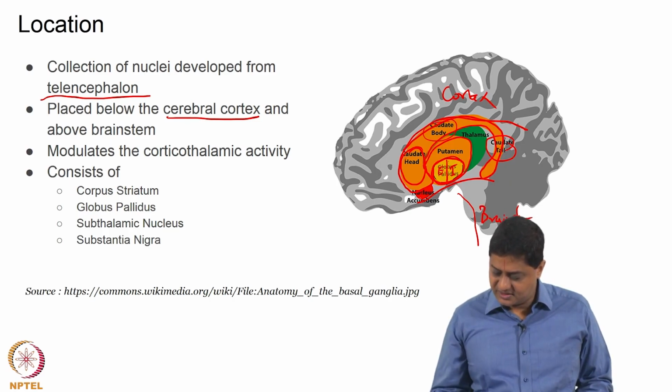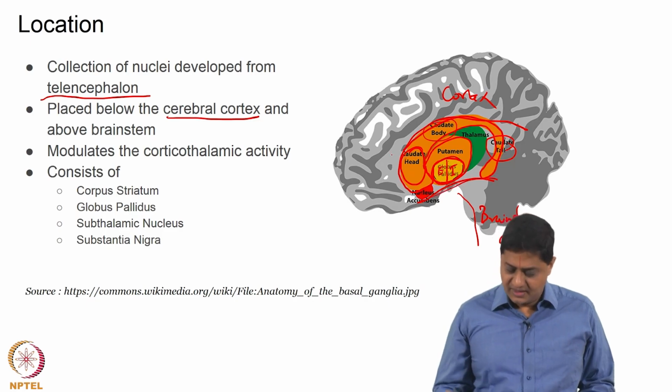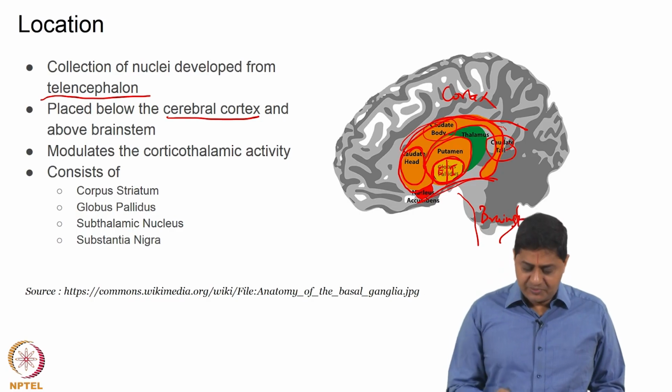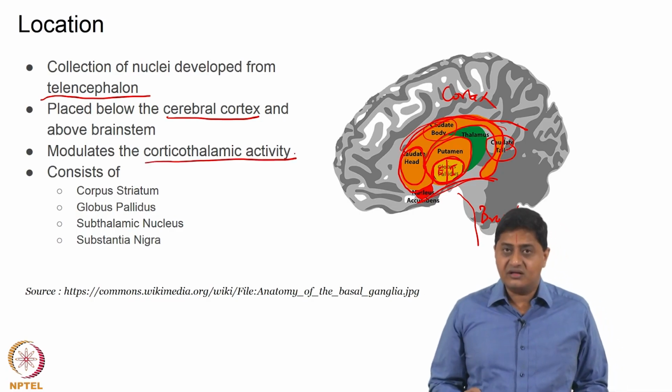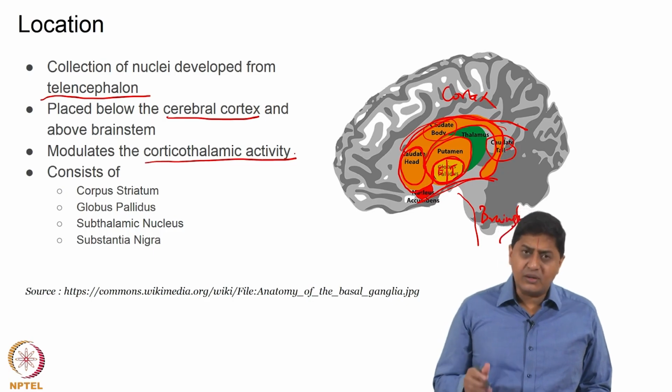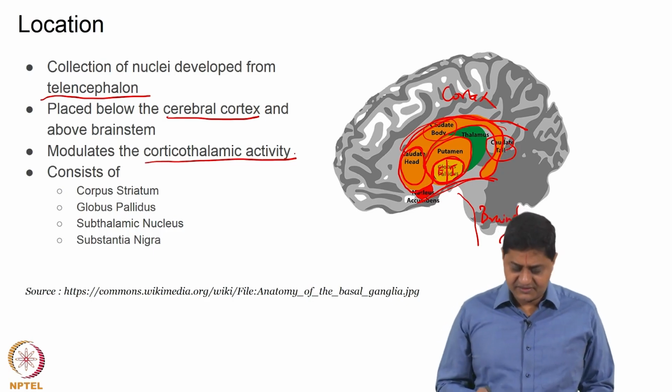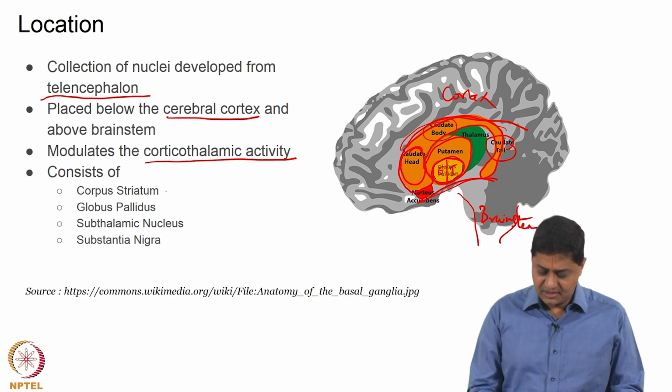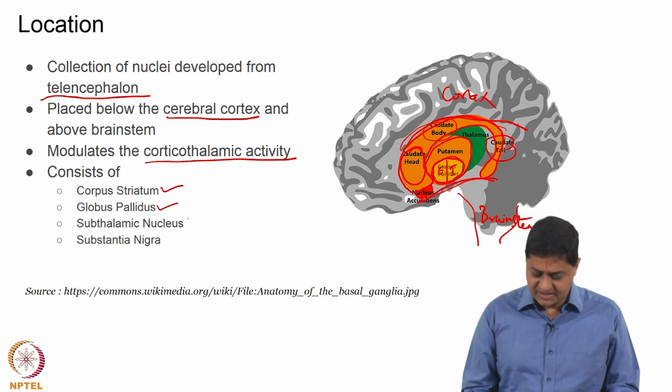Okay. So, this is the basal ganglia. The most important function is modulation of corticothalamic or thalamocortical activity. It consists of several subparts called corpus striatum, globus pallidus, subthalamic nucleus and substantia nigra.